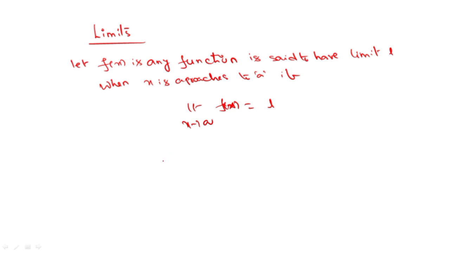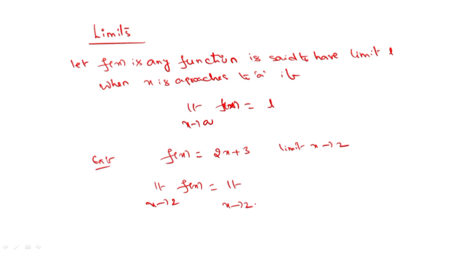For example, I would like to take f of x as 2x plus 3. If I take the limit as x tends to 2, that means limit as x tends to 2 of f of x will be limit as x tends to 2 of 2x plus 3, that will be 2 times 2 plus 3, that will be 4 plus 3, that will be 7.